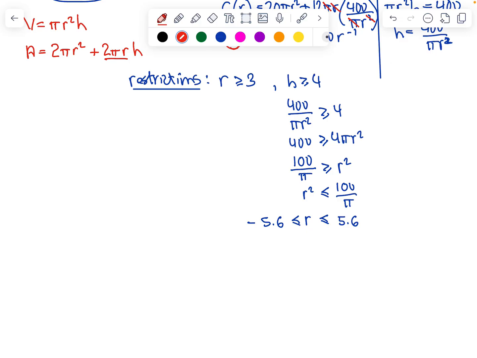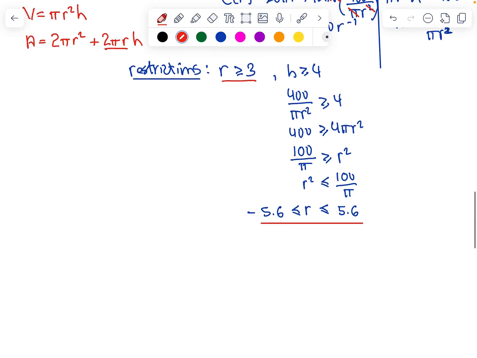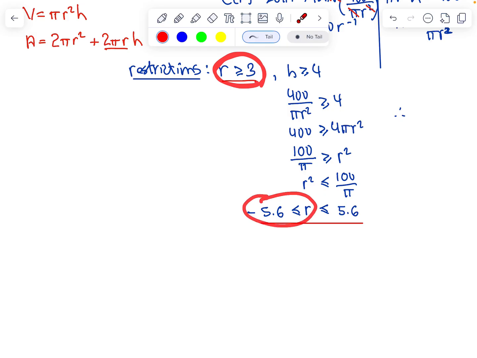We need to combine these restrictions together. So I have this restriction and now I have this restriction. So overall then, if I want my upper and my lower bound, the smallest this can be, well, this is saying this has to be greater than 3. This is saying it has to be greater than negative 5.6.